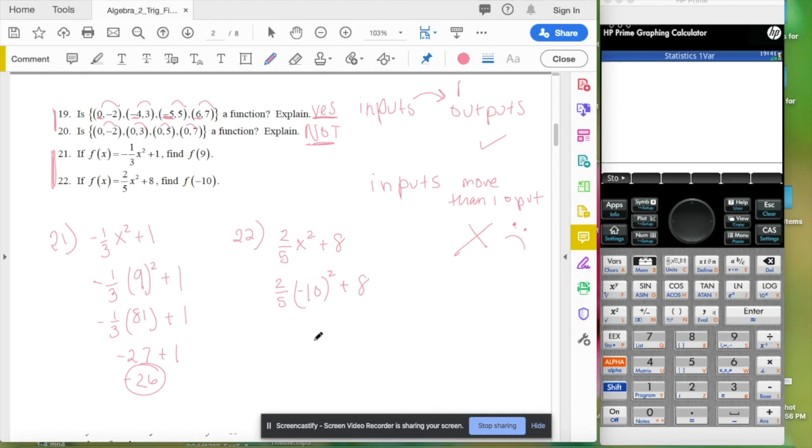If you're plugging this into your calculator, please make sure you do it one thing at a time, like I'm doing here. So I have 2/5 times 100 plus 8. 100 divided by 5 is 20, times 2 is 40. So I have 40 plus 8, and that gets me 48. Ta-da! And that's 19 through 22.